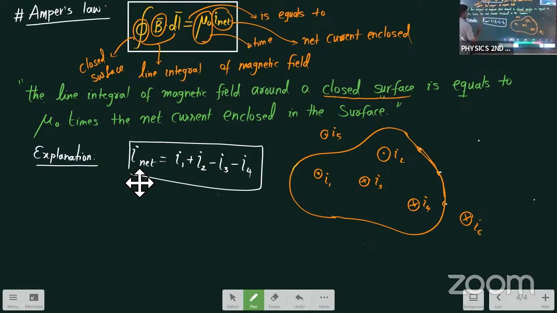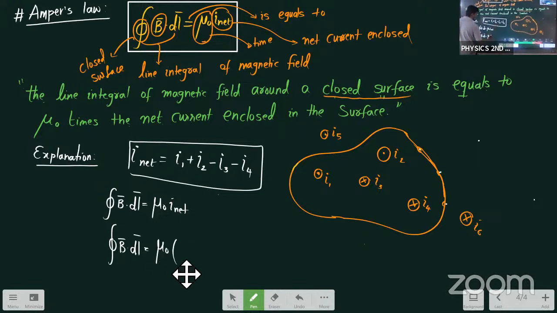So what will be our final formula? For this particular surface, the closed integral of B dot dl is equal to mu naught times I net. If I substitute this value, closed integral of B dot dl is equal to mu naught of I1 plus I2 minus I3 minus I4.